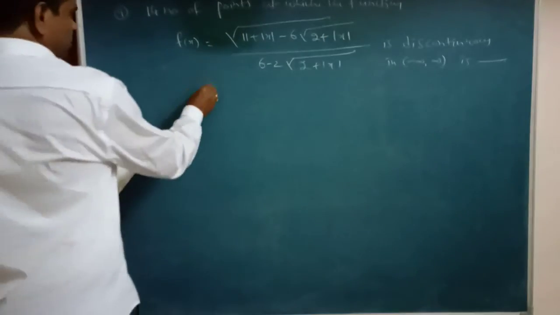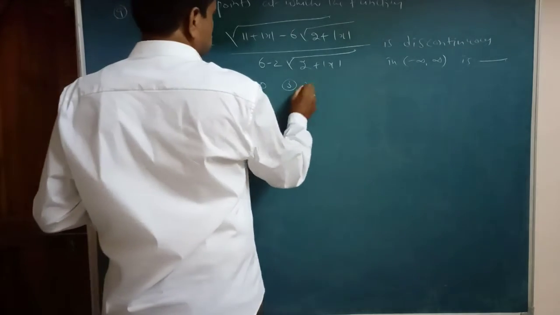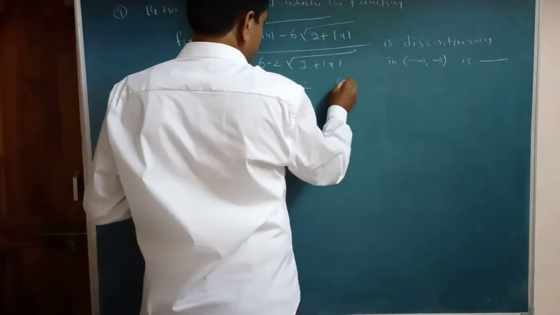The first option is 1 and second option is 0, third is 2, fourth is 3.